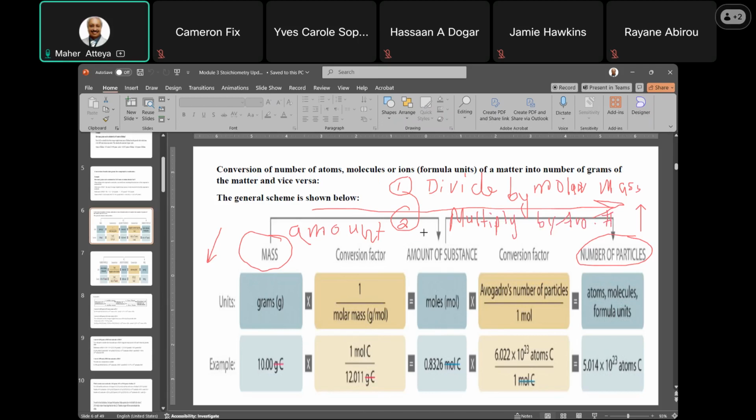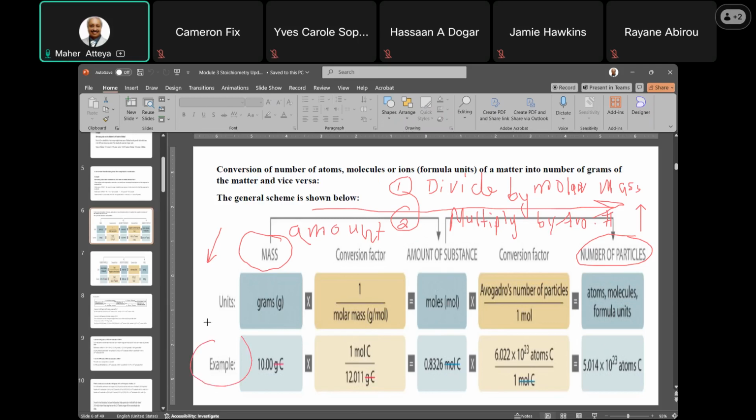Okay, guys. Now, if I want to go the opposite way, what should I do? Well, you have to reverse this. You get the number of particles, you divide by Avogadro's number, and you multiply by the molar mass to get the number of grams.